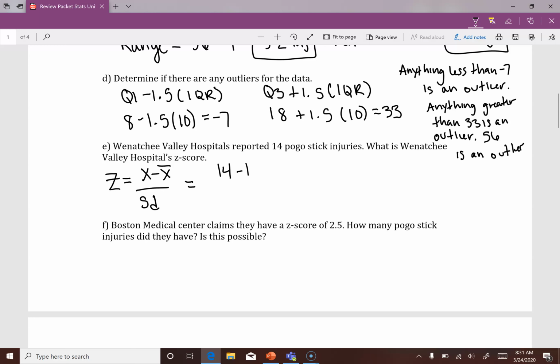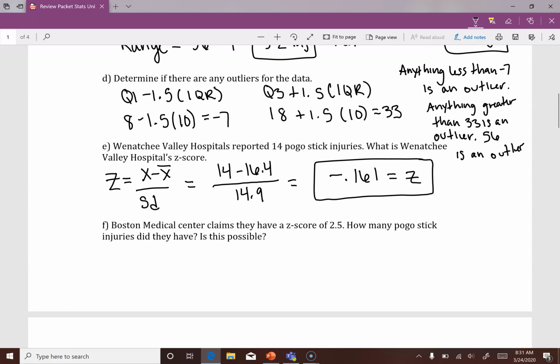We have a 16.4 average, not for them, but for all of the hospitals that we surveyed. And our standard deviation we found to be 14.9, and that's going to give me a -0.161 z-score. So that means they're below average. Sounds like Wenatchee residents are quite safe on their pogo sticks.